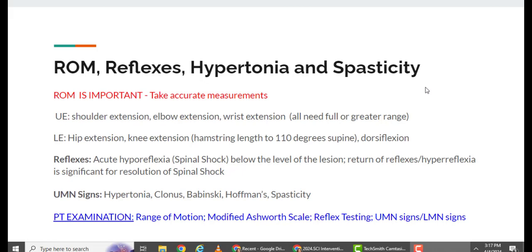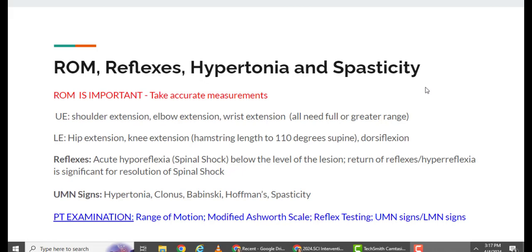And we also haven't really talked about this as much, but we want to maintain dorsiflexion for when that person is standing, and also it will help with transfers if they haven't got contractures at the ankle. Also thinking about reflexes, in those early stages we expect hyporeflexia due to the spinal shock, and keeping an eye out for when those are returning will give us an idea of when that spinal shock is resolving.